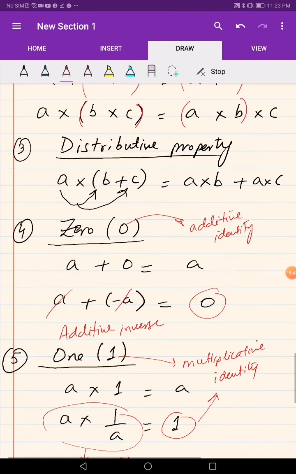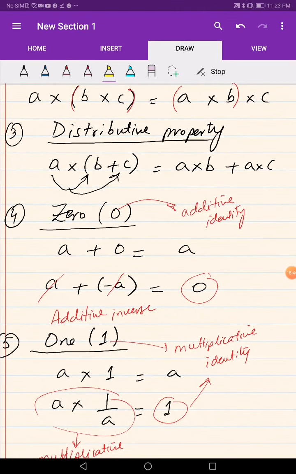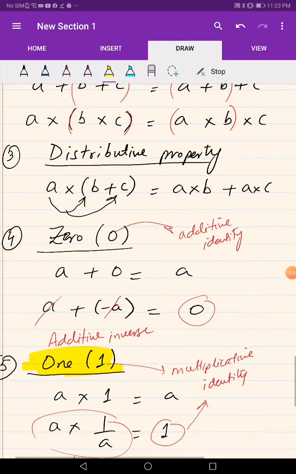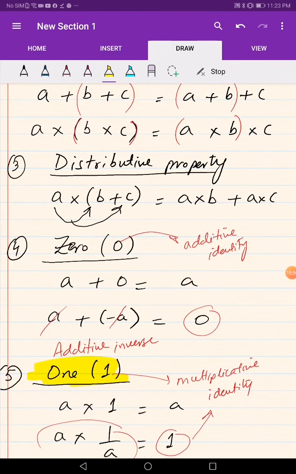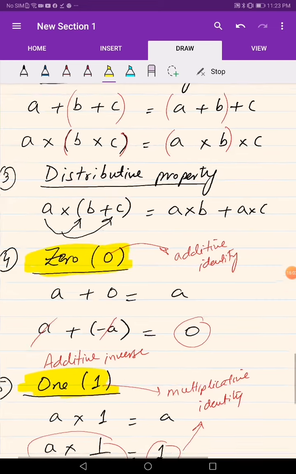So these are the properties. Let me go through them. Multiplicative identity: when I multiply 1 with any number, the number doesn't change its identity. When I add 0 to any number, the number will not change its identity.